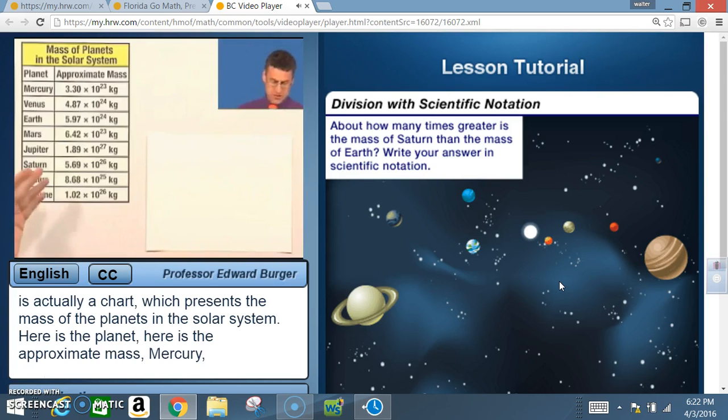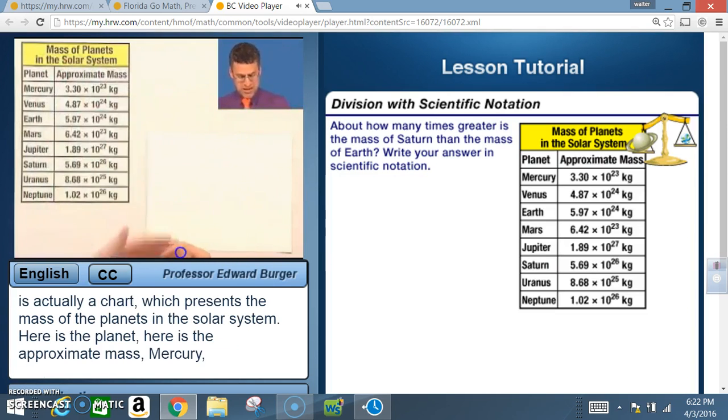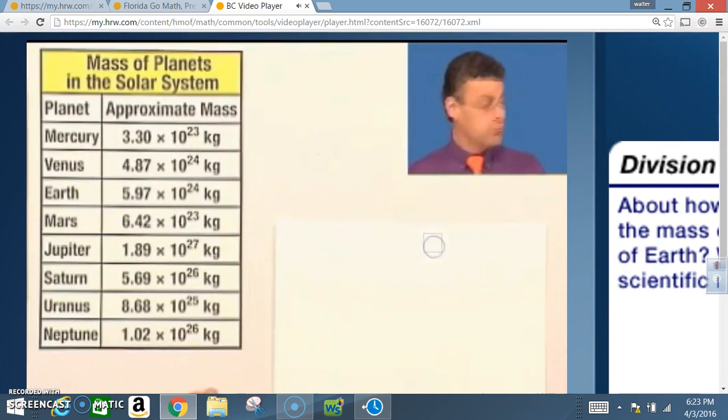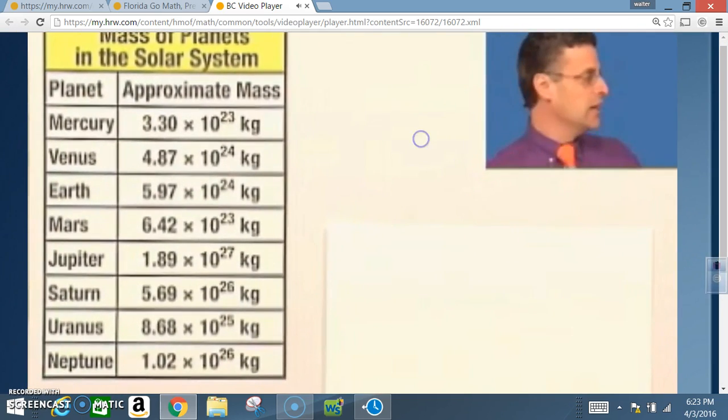So here is a chart which presents the mass of the planets in the solar system. Here's the planet, here's the approximate mass of Mercury, Venus, and so forth. Now we want to take a look at the ratio, comparing how many times greater the mass of Saturn is than the mass of Earth.